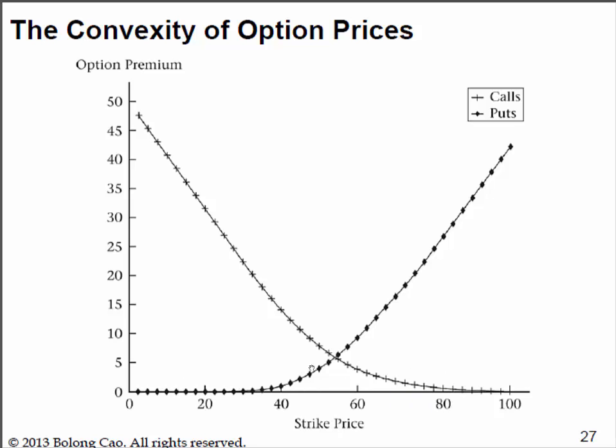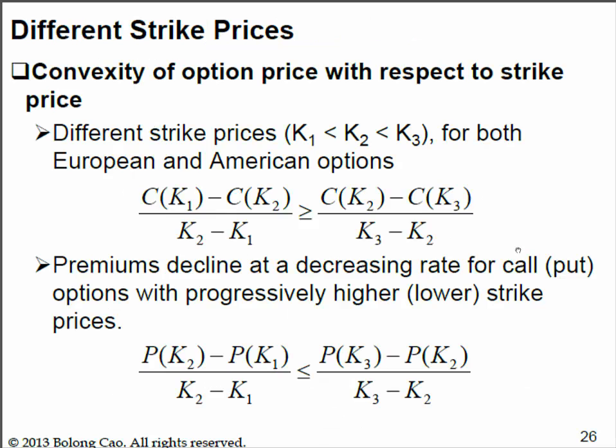For the put, it is this positive sloped curve with diamond marks. Let's look at the puts. What are the puts saying? Again, for puts, from K1 to K2, K2 to K3, the strike price becomes higher and higher.